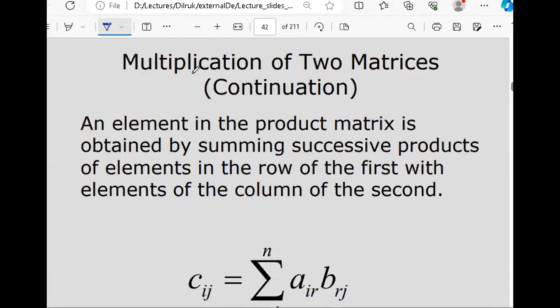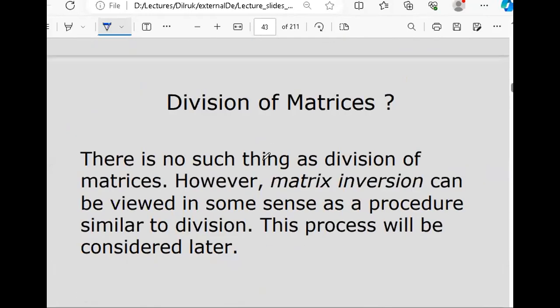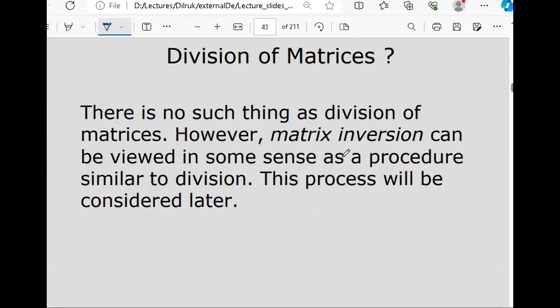So, multiplication of two matrices. Remember that matrix division is not defined, right? But this is different.